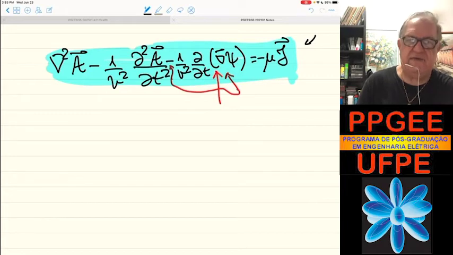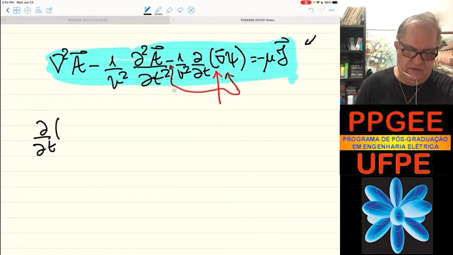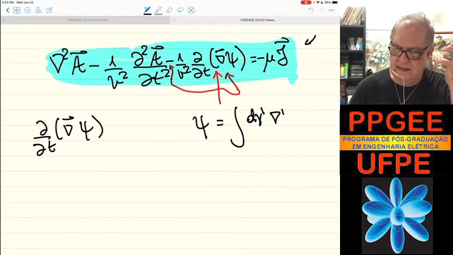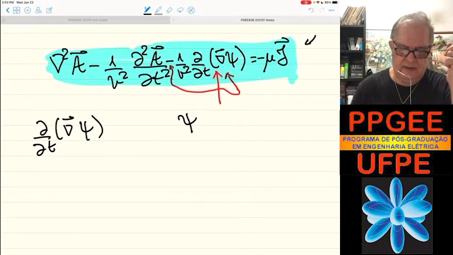So the term that we have here is d/dt of the gradient of psi. And recall that we solved for psi, right? Psi was in the Coulomb gauge.